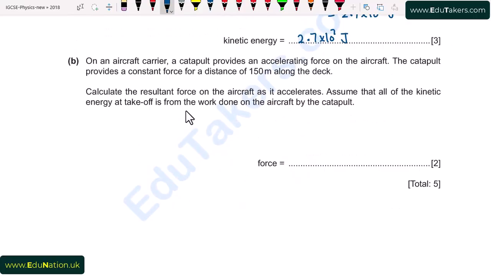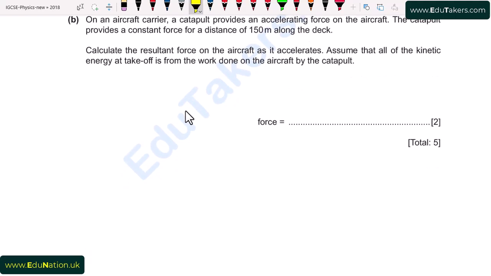Part B. On an aircraft carrier, a catapult provides an accelerating force on the aircraft. The catapult provides a constant force over a distance of 150 meters along the deck. Calculate the resultant force on the aircraft as it accelerates.